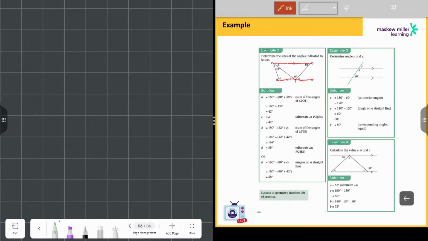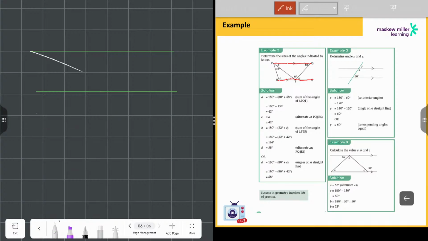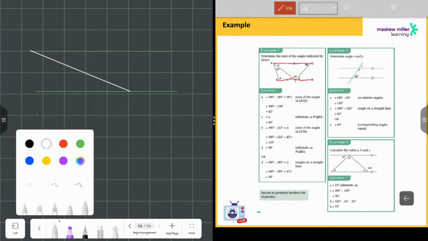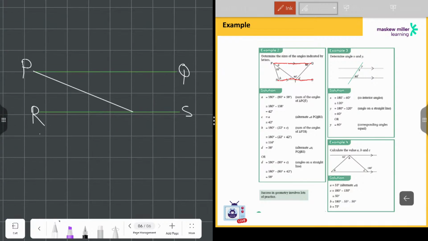So let's do this. Our parallel lines, like that, and then we have the line that is going from this point to here, somewhere there, okay? Let's label them P, Q, R, S. That's what we have. Do you see? I've just taken it out for me to find this.